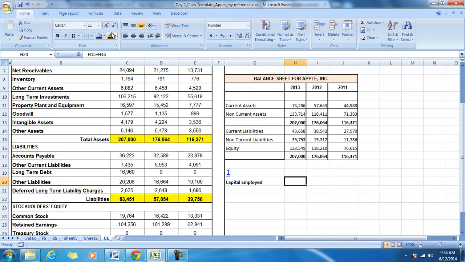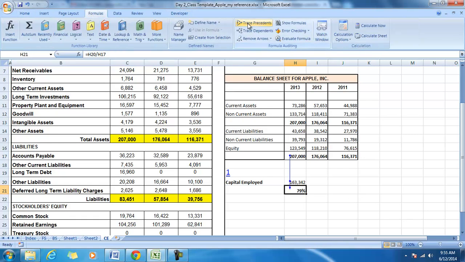So in case of Apple, 163,000 million is the capital employed for 2013, and we can see that about 79% of the business is financed by the capital employed.